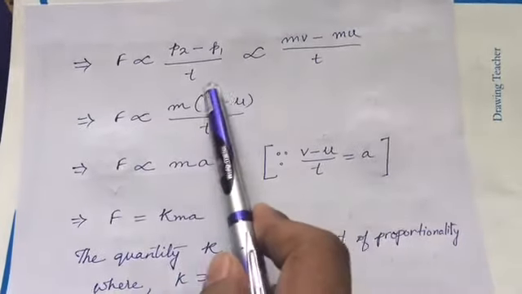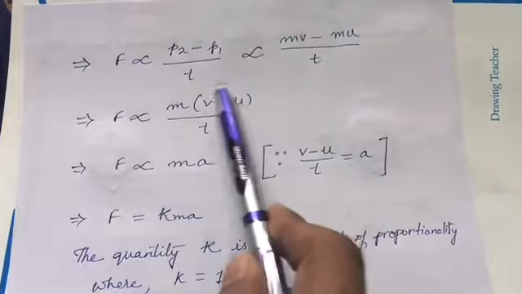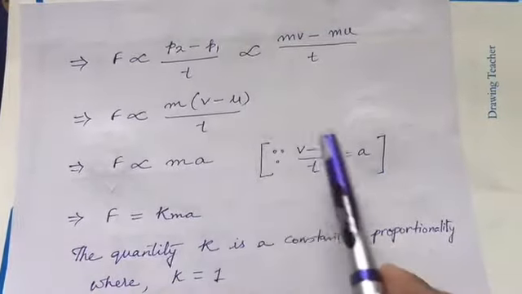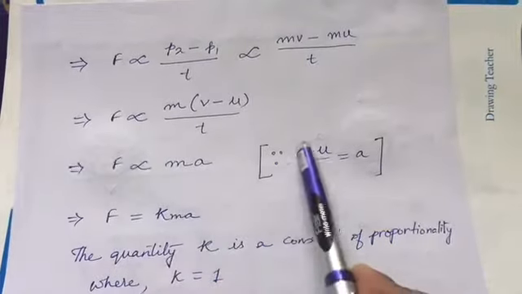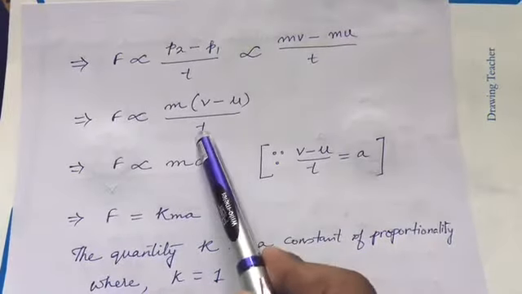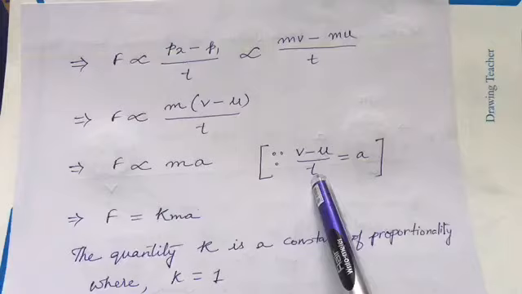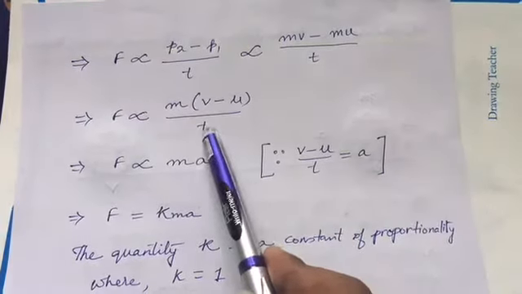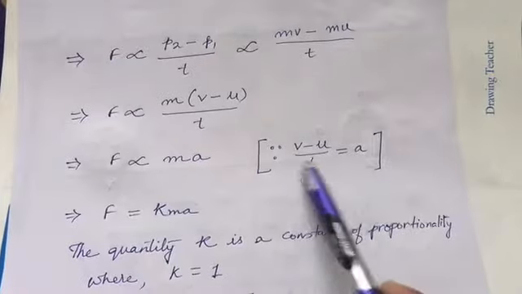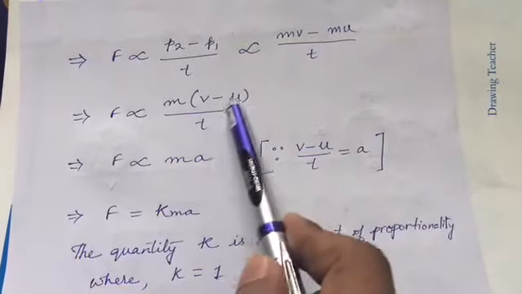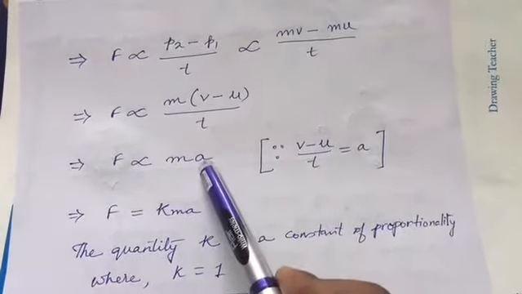You can see this portion, v minus u divided by t, is the formula for acceleration. So in place of v minus u by t, I have taken it as a.